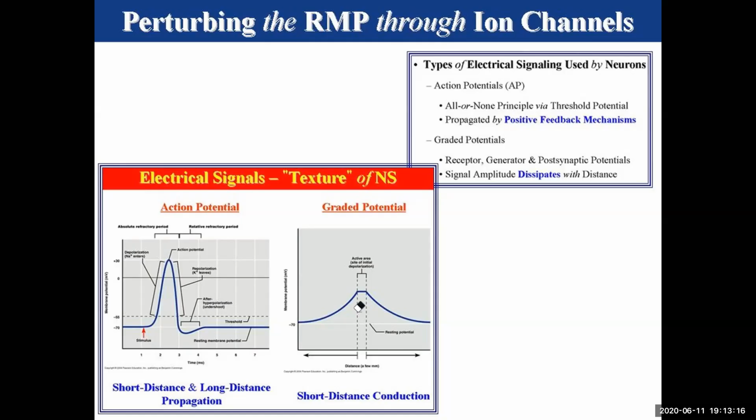Different graded potentials, if they're generated closely enough together in time, can add up together and help them get to the axon hillock. So there are advantages and disadvantages to both, and that's how neurons use these two types of electrical signals to communicate between themselves.